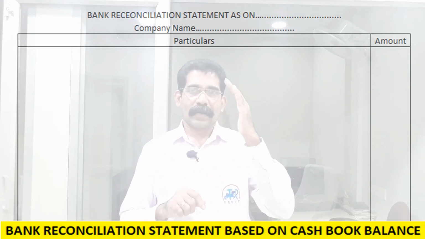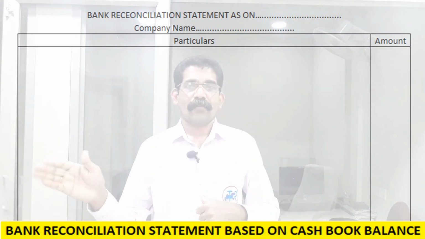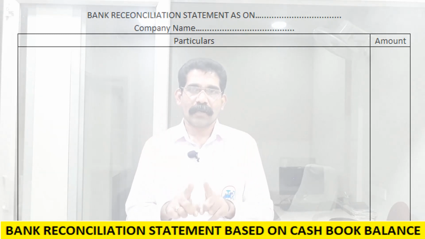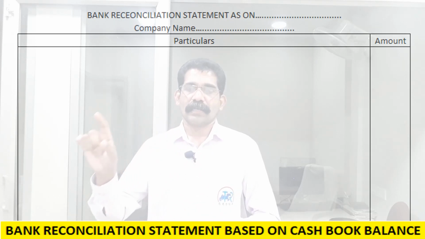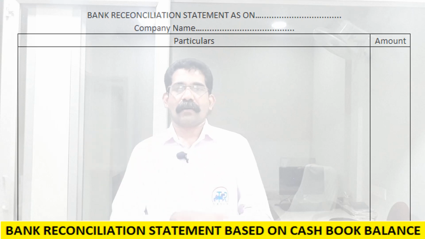It will differ from the 30th of March and it will differ from the 1st of April. So that reconciliation statement is only for that particular day. So the title will be Bank Reconciliation Statement as on 31st March 2020 of, and we can write the name of the organization.